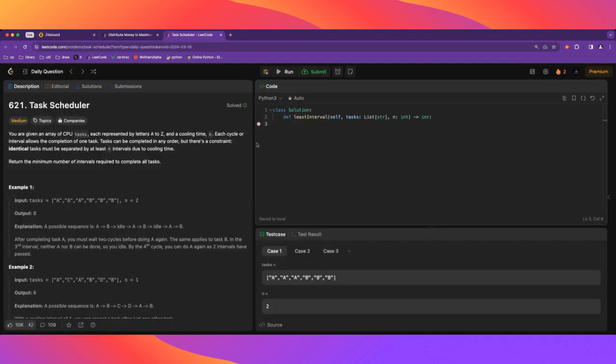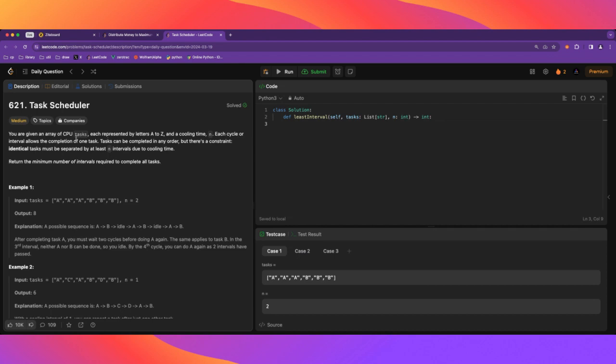Notice, the first observation here is that there are two lower bounds to the minimum number of intervals required to complete all the tasks. So I'm assuming you already read. Well, maybe I can reread it. You're given an array of CPU tasks, each represented by letters A to C, and a cooling time n.